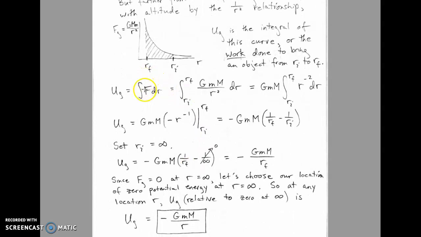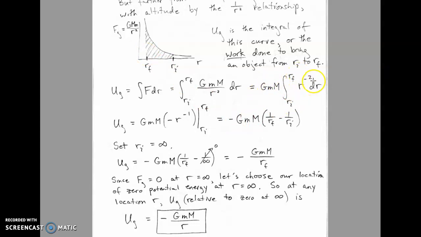Let's take the integral of this function with respect to r. We're going to integrate it from some initial r to some final r. And this is the work done. This is actually work done to go from farther away to closer. This is a constant. It comes out.